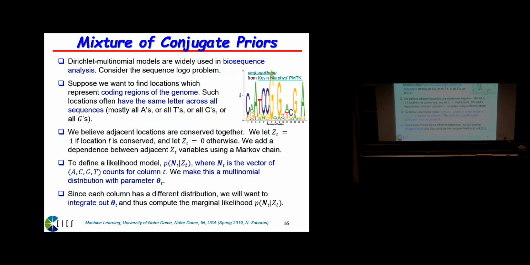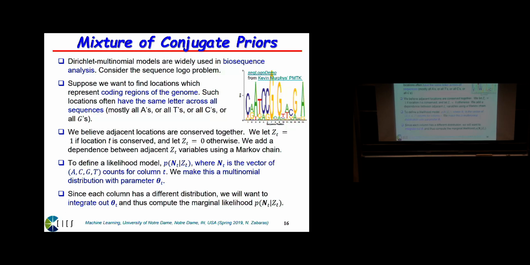Okay. So the objective here is to compute, if you like, to make a plot of a diagram that looks like that, and using data to tell me in what locations I have, what's the probability of actually having an A or a T or a C or a G on a given location.